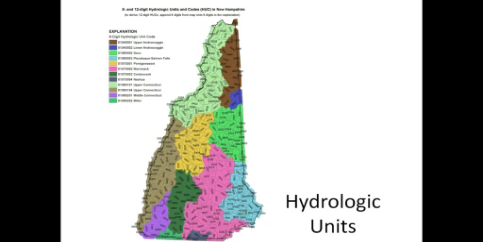How does this work out scientifically? We call them hydrologic units. So scientists tend to break down the watersheds into smaller chunks and then use these to define exactly where precipitation that falls in that area is going to end up.